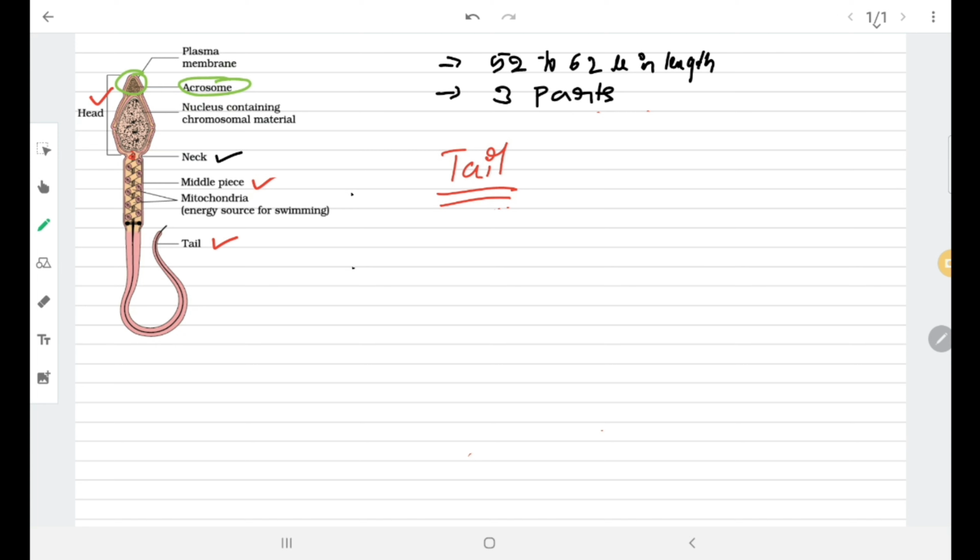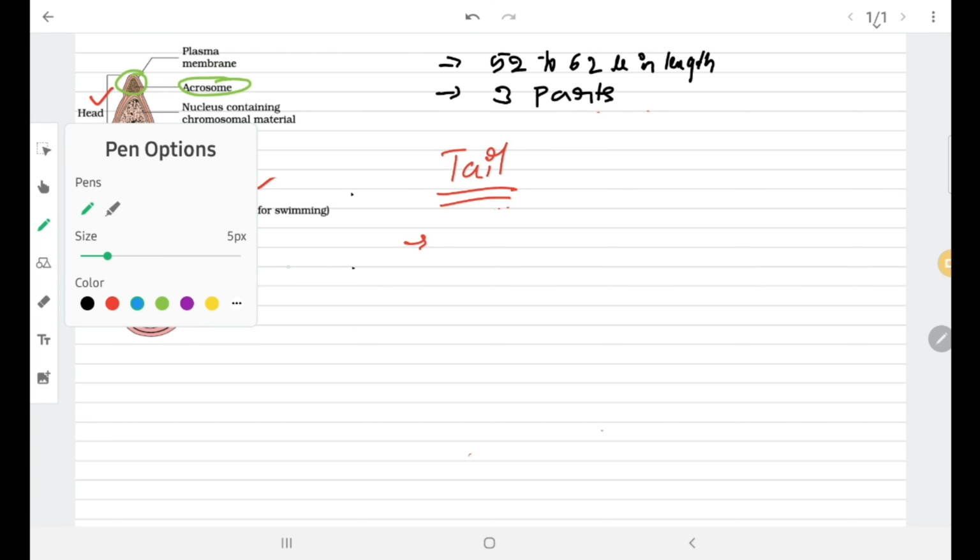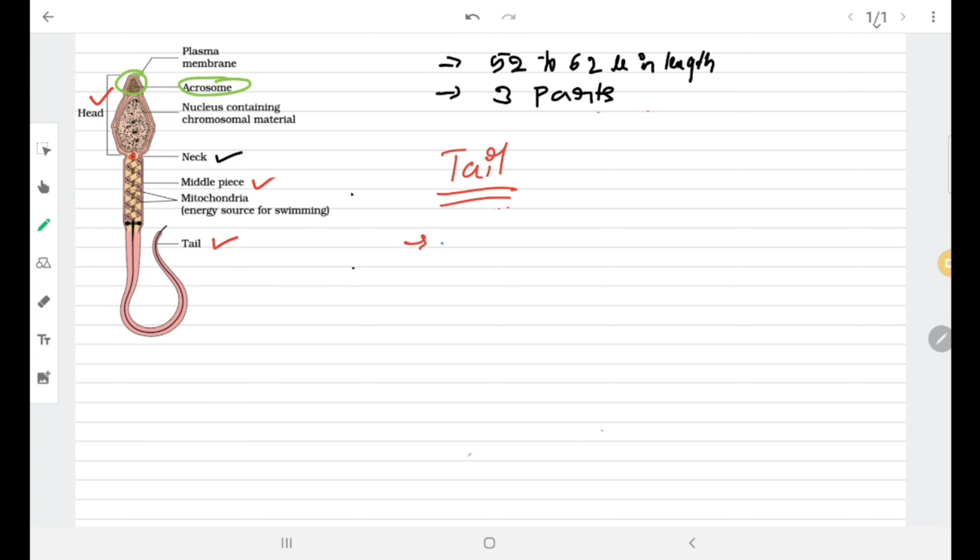This is the largest part of the sperm, around 55 micron in length. This particular tail has been divided mainly into two parts: a posterior piece and an anterior piece.